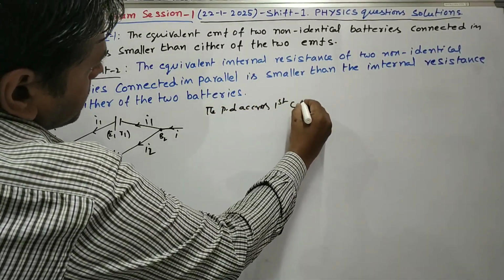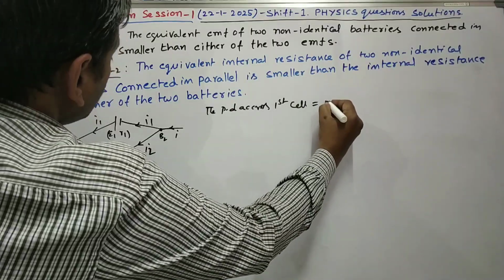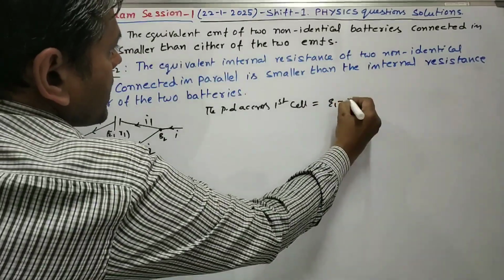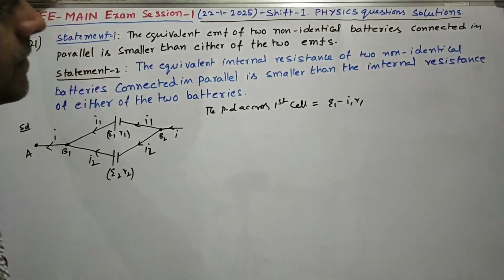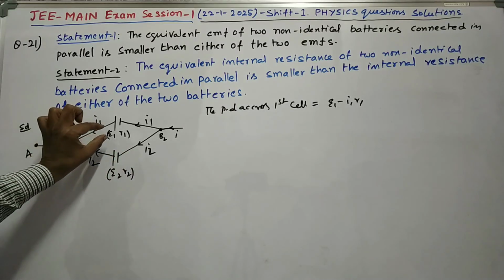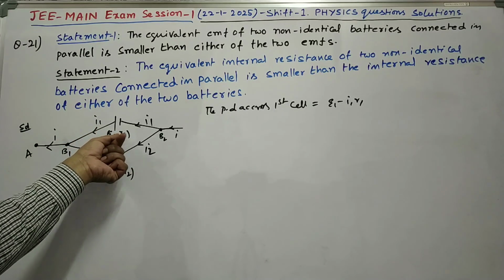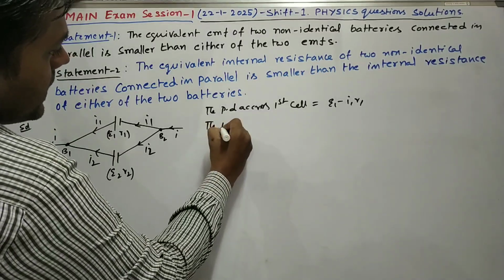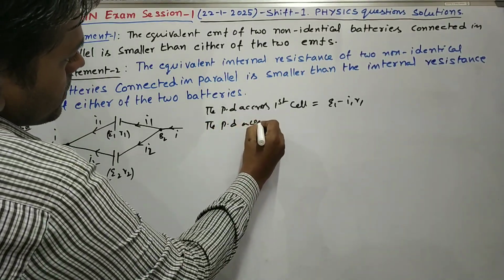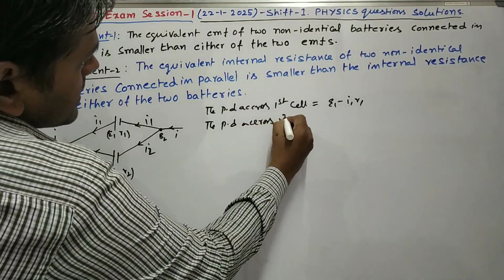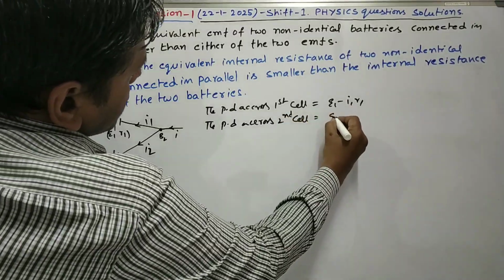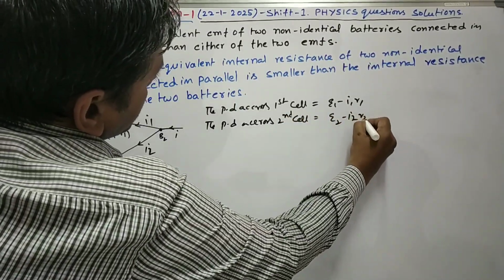The potential difference across the first cell is E1 minus I1 R1, because current is drawn from this cell, so its EMF is dropped. Similarly, the PD across the second cell is E2 minus I2 R2.